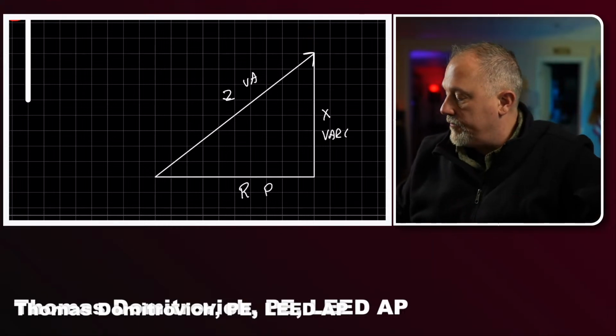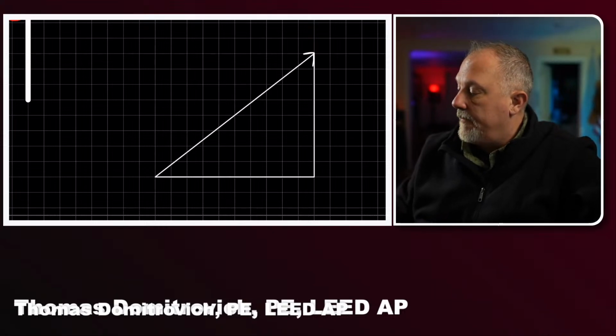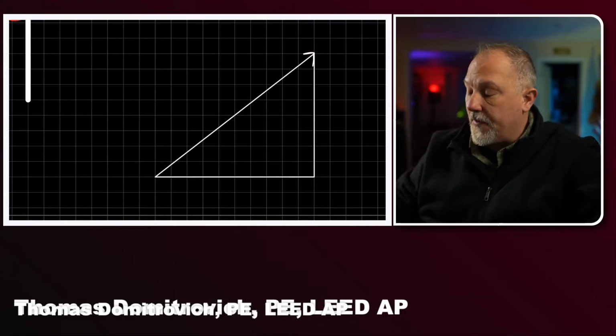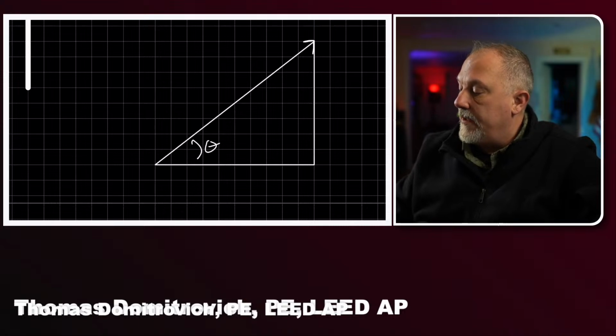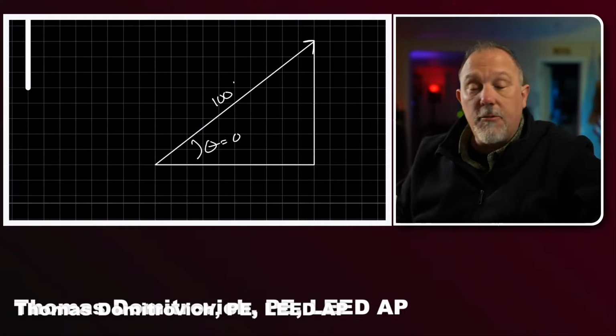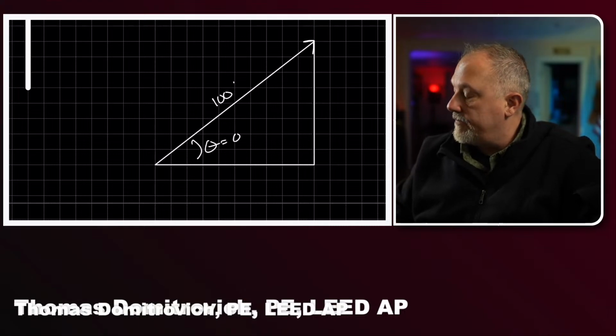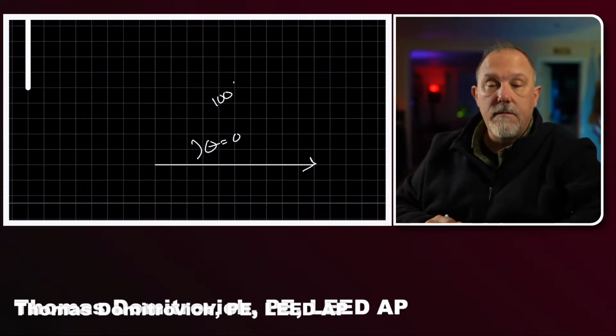If I told you, for the first one, remember my vector, and this is theta. So if this was 100 at an angle where theta equals 0, what would that look like? 100 at an angle of 0 looks like that, right?